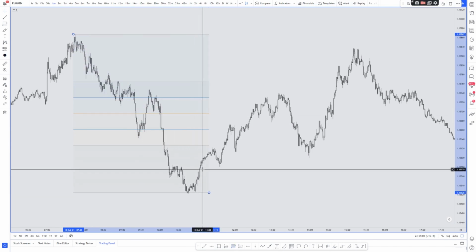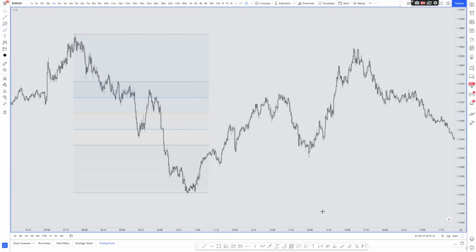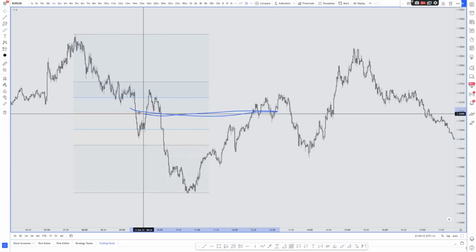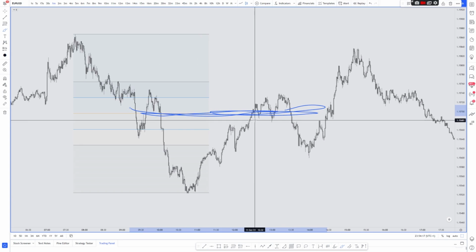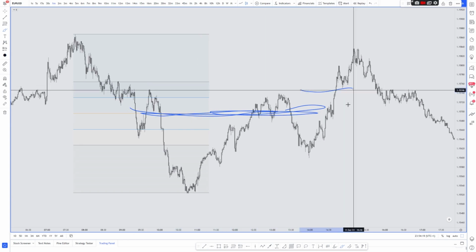And if you are deciding to get involved in the pullback, you know that once price has achieved that relative equilibrium, it's going to be a lot less probable to keep buying.